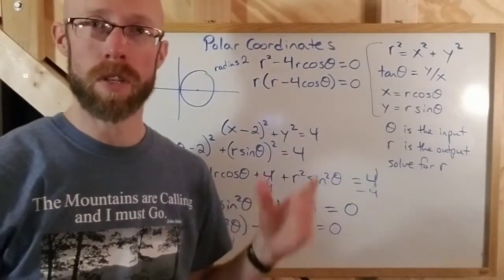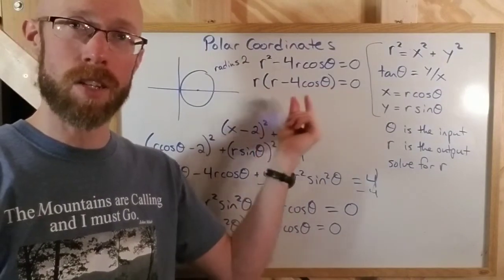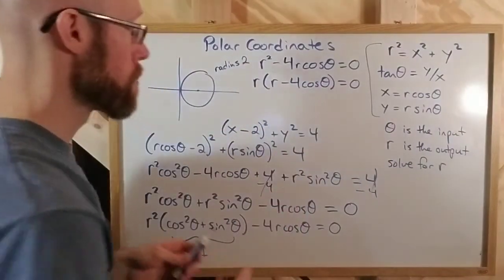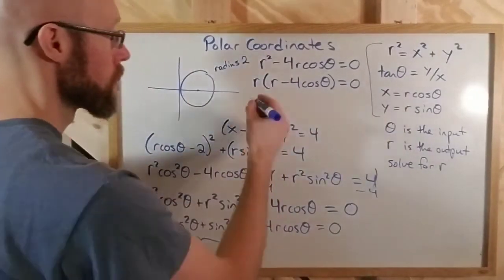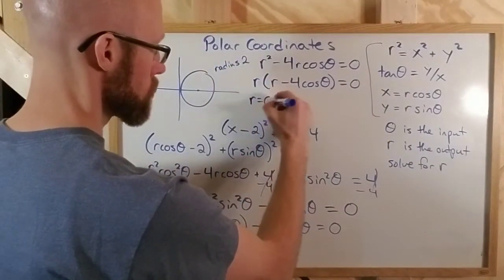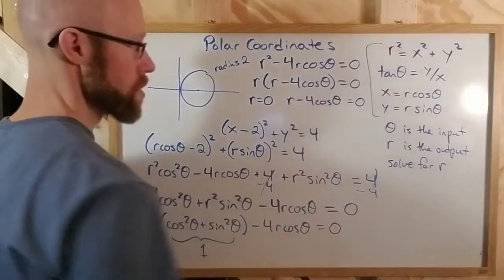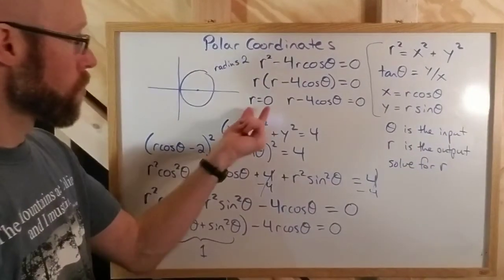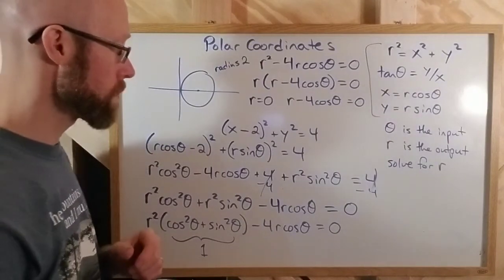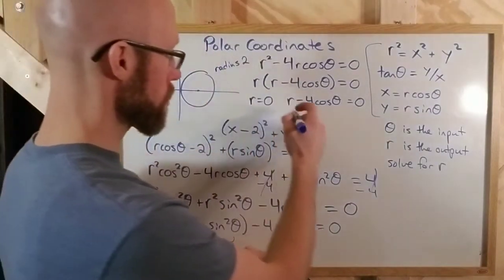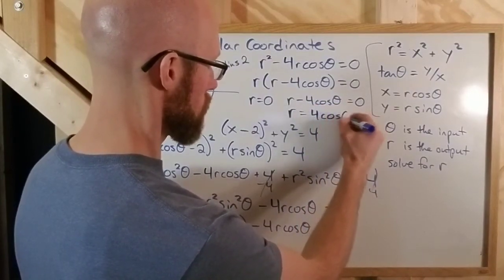Now remember, when solving equations like this, if you have factors equal to 0, you can set each factor individually equal to 0, because the only way to get a product equal to 0 is for one or more of the factors to be 0. So I could say either r equals 0 or r minus 4 cos theta equals 0. One of those must be true. Well, if r equals 0, that just gives us the point at the origin. That's good. We can use that point. For all the other r values, we have r equals 4 cos theta.